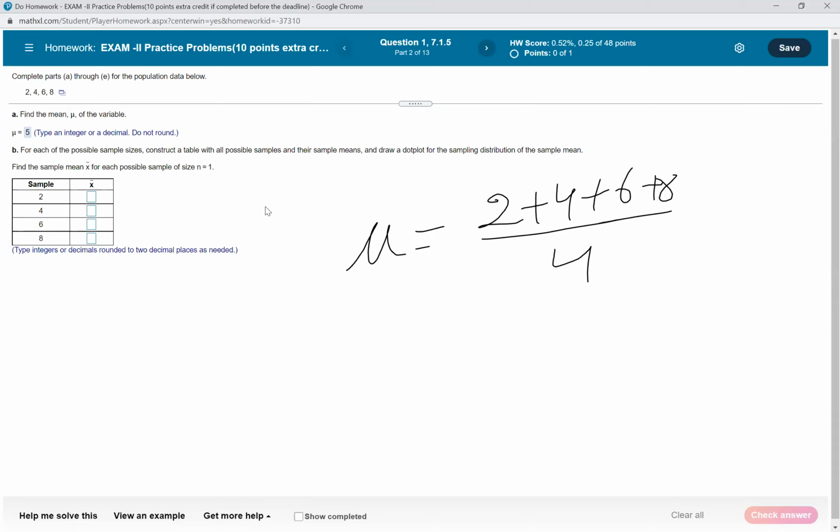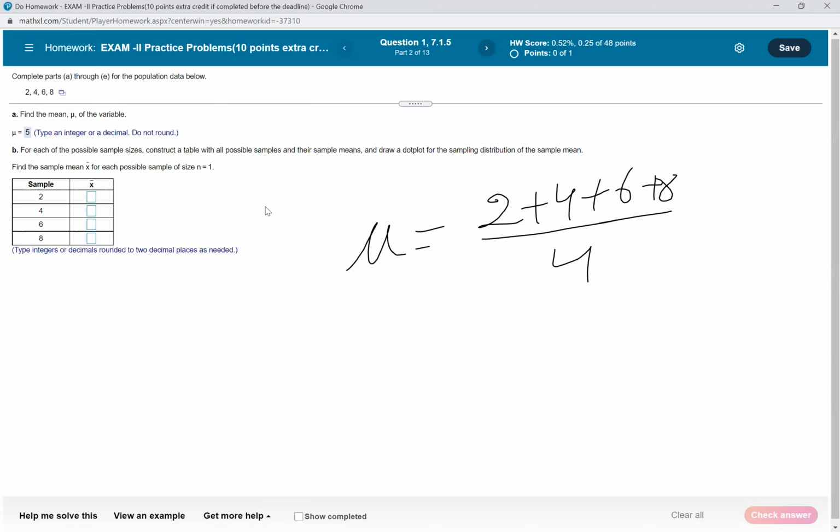The second part is, for each possible sample size, construct a table with all possible samples and their sample means, draw a dot plot for the sampling distribution of the sample mean, and find the sample mean X bar for each possible sample of size n. Here the sample size is n equals 1.